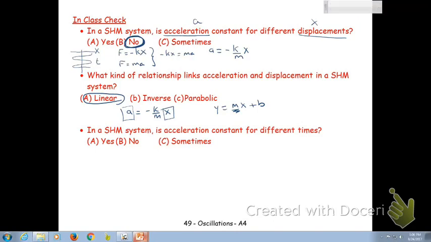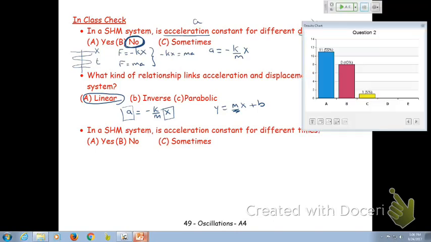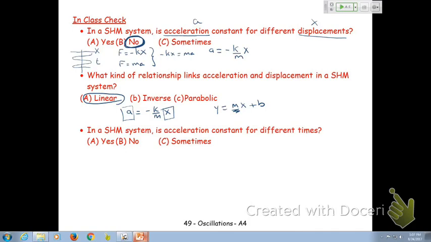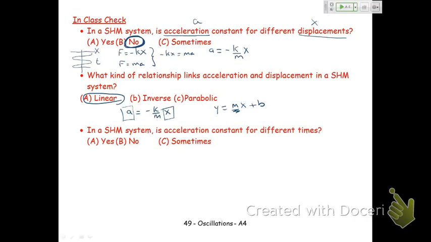Okay, stop. Let's see what people said. Ooh. It's kind of somewhat divided. Some people are saying yes and some people are saying no. The correct answer is no. The reason it's no is from this graph here. You're comfortable with the idea that if you go to different positions, you have different accelerations, yeah?